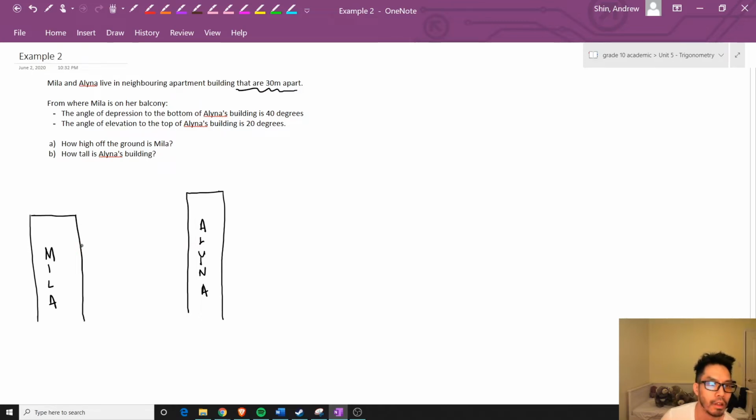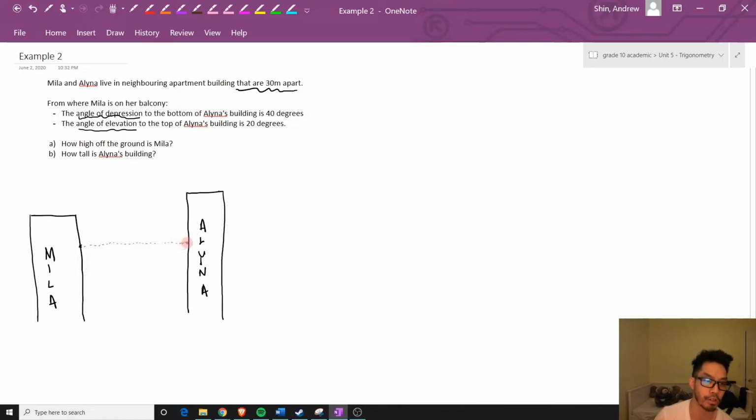So for the angle of depression, let's say this is where Mila is herself. When they're talking about angle of depression and angle of elevation, these are perspectives from Mila. And from her perspective, you always have to write down something called the horizontal whenever you're talking about either of these things. So you can put Mila anywhere here, it doesn't really matter. We know she's somewhere there.